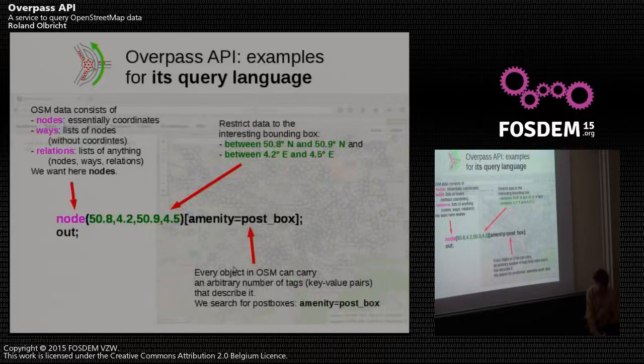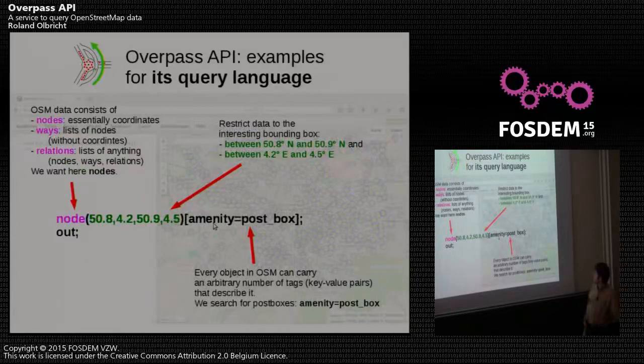And this is a free text feature. So for common things like post boxes or bus stops or schools or whatever, there are accepted key-value pairs. For example, for post boxes, it's amenity=post_box, and you can just select this, and then this will result in all nodes that are within this bounding box and that carry a tag amenity=post_box. And then you get all the results.